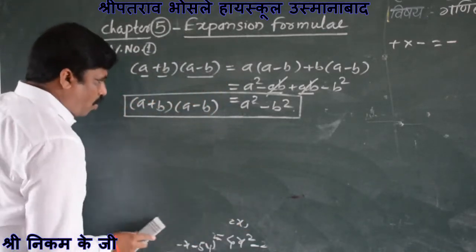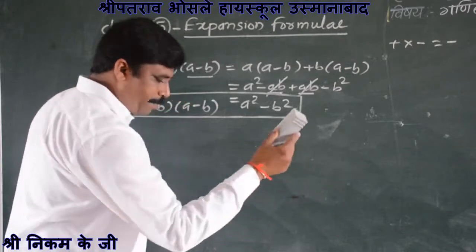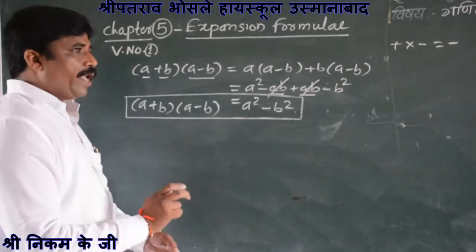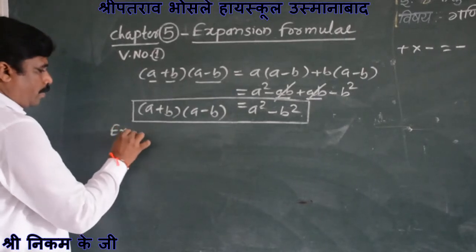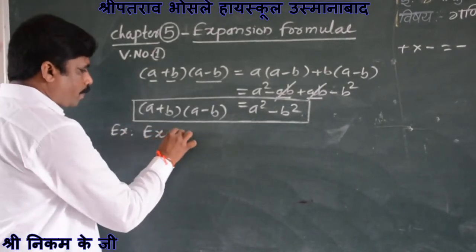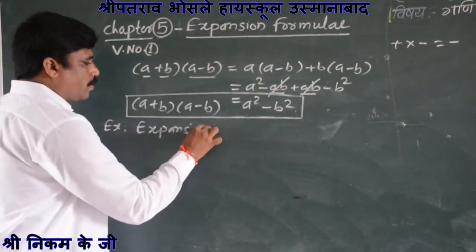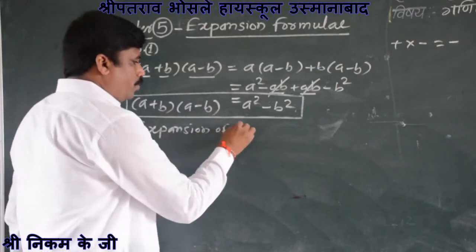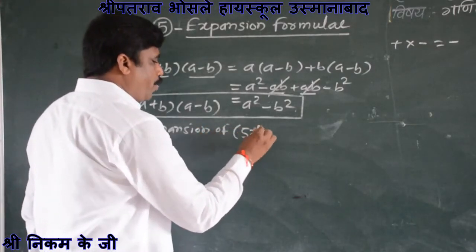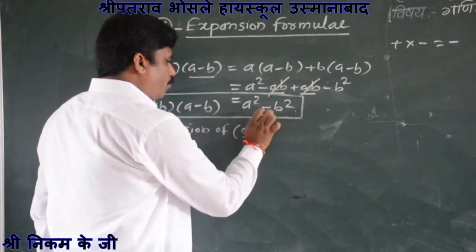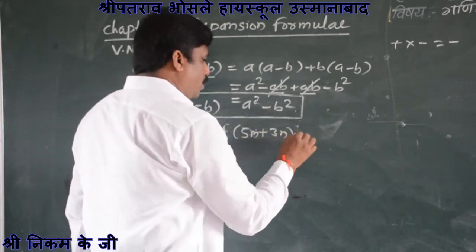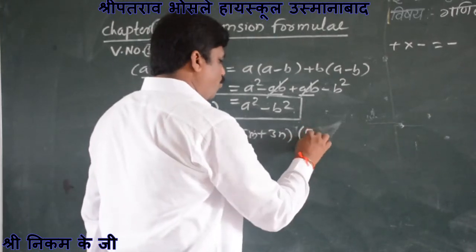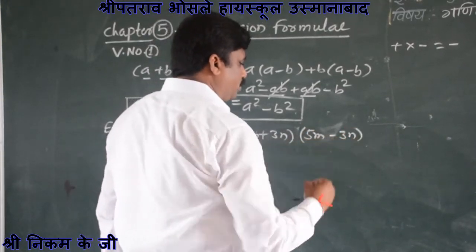This is the expansion formula of a plus b into a minus b. By using the expansion formula, expand the bracket 5m plus 3n in the first bracket and 5m minus 3n in the second bracket.